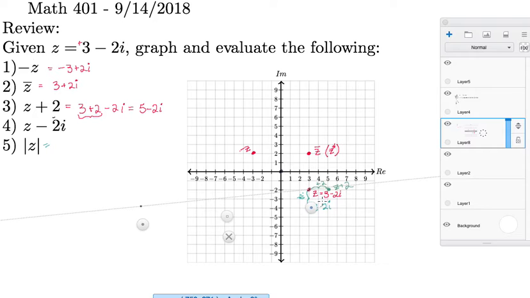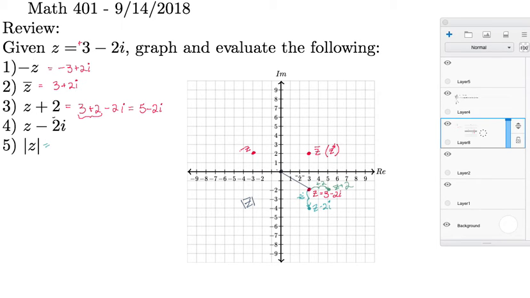I'll call this the magnitude of Z. The magnitude of Z is equal to the length of this segment right here, the line that connects the origin to Z.